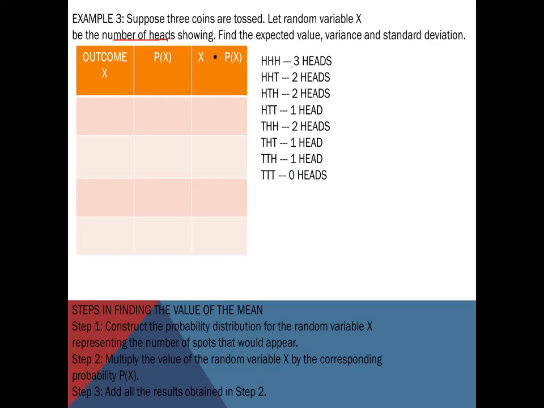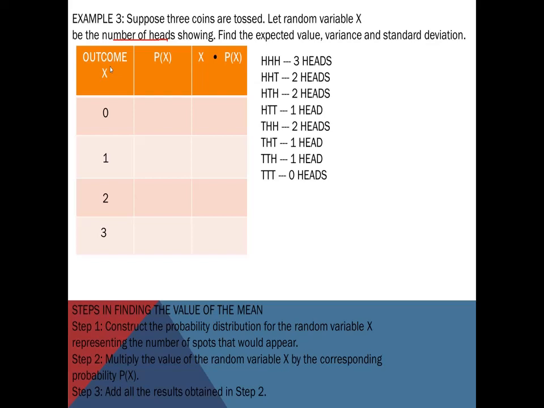So as you can see, our outcome here varies from 0 to 3. So it can be 0 heads, it can be 1, 2, 3. Therefore, the outcome is 0, 1, 2, and 3. That is the outcome for the number of heads when we toss three coins.